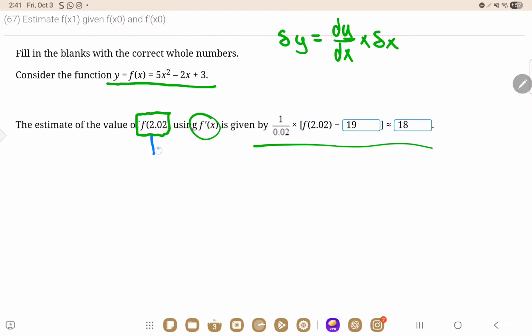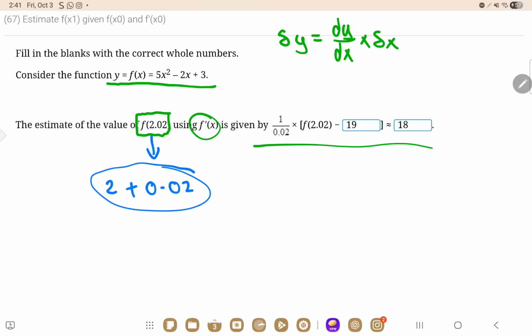But what really is 2.02? Isn't it just 2 plus 0.02? Yes, it is. So x is expressed by the x we want, because this is the function at x, which is 2.02.